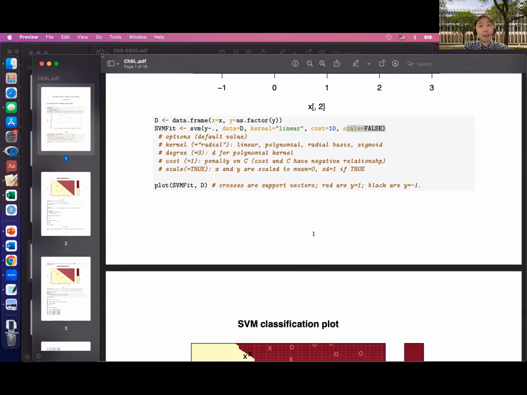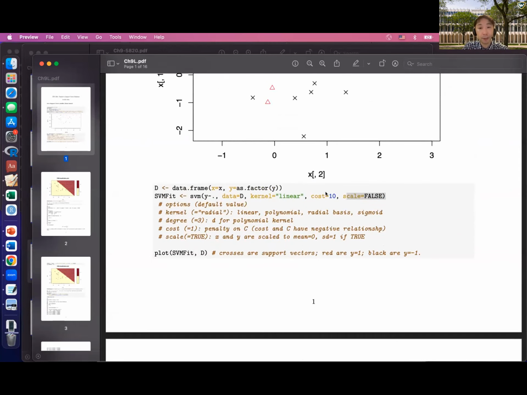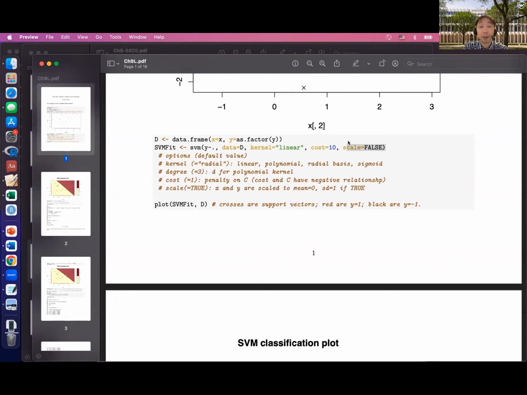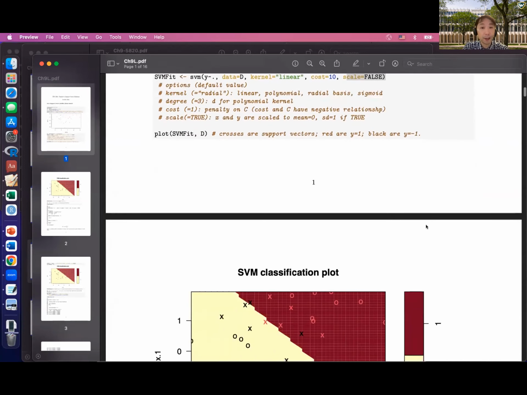If scale is false, then the result depends on the unit of the predictors, which is not preferable in most cases. But in this case, we know that x1 and x2 are both random numbers with the same variance, so scale false is probably appropriate.